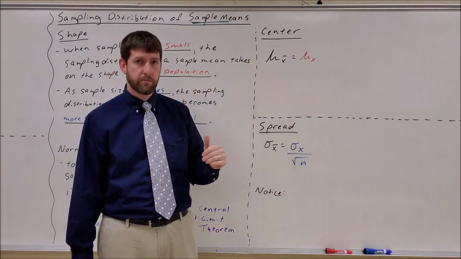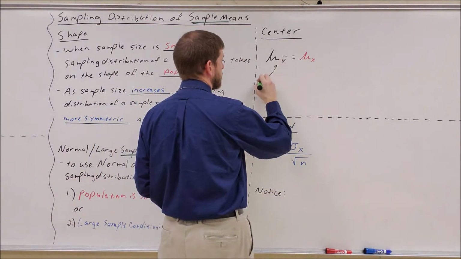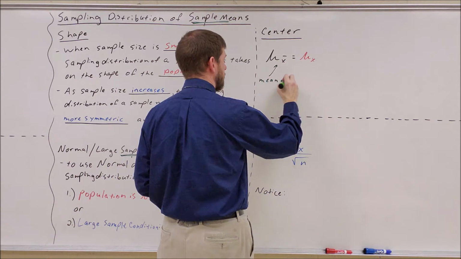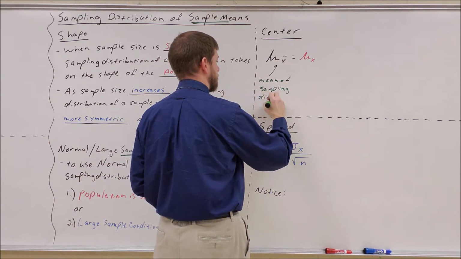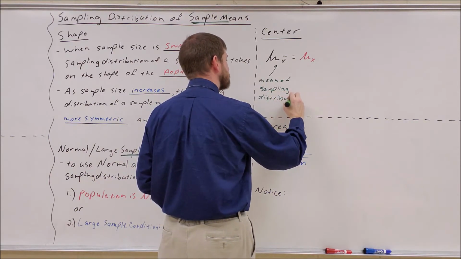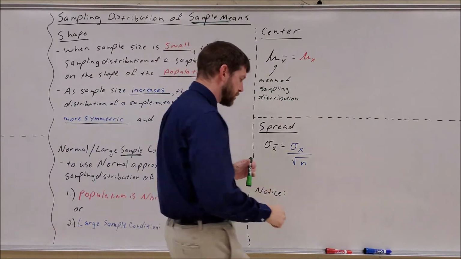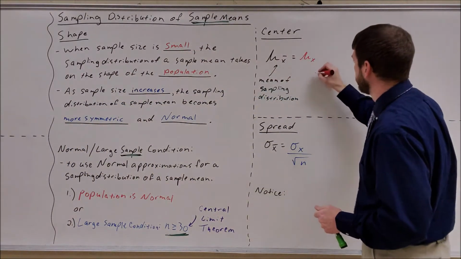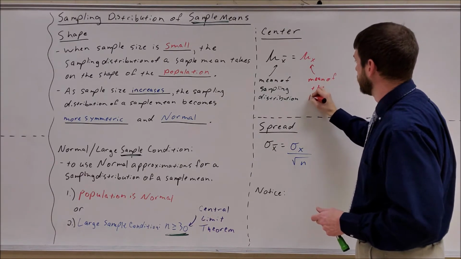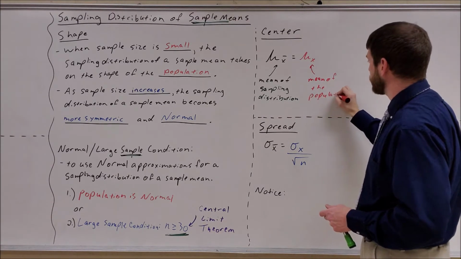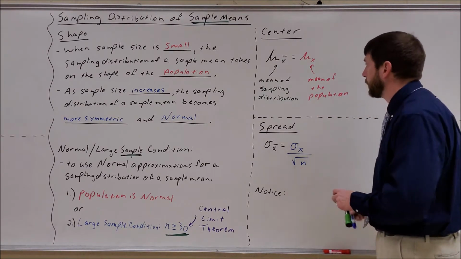So the center, or the mean of our sampling distribution, and we've already talked about this, should be equivalent to the mean of the population. Why should the mean of the sampling distribution be equivalent to the mean of the population?